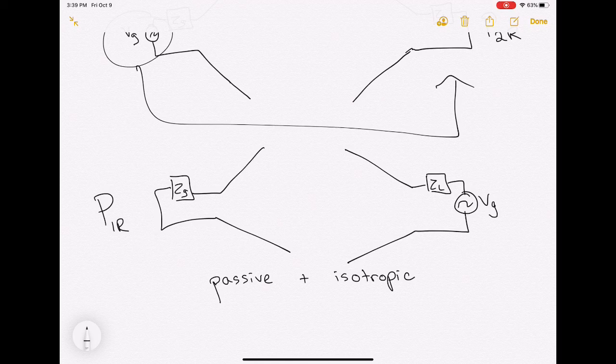And that's it. And then if that situation is true, you have reciprocity. Like I said, you can stop here if you don't want to go any further, but if you do want to know why this is true, I'm going to start with Maxwell's equations and do a little bit of explaining.